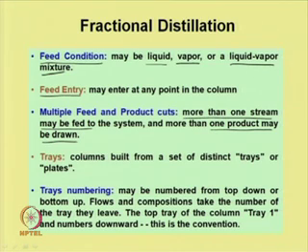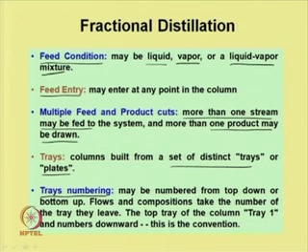For a multi-stage system, the stages or trays are numbered, and each column is made up of a set of distinct trays or plates. This tray numbering we can follow either from the top of the tower going down, or from the bottom of the tower to the top.